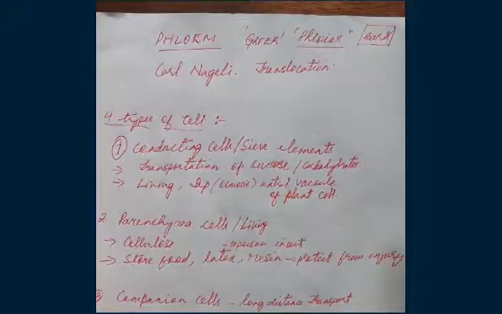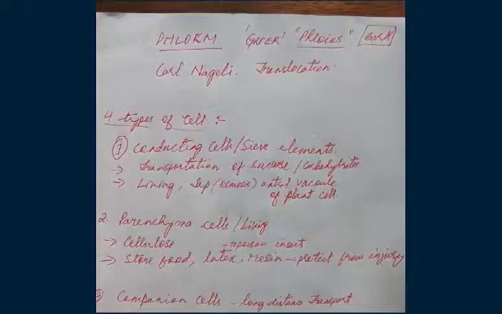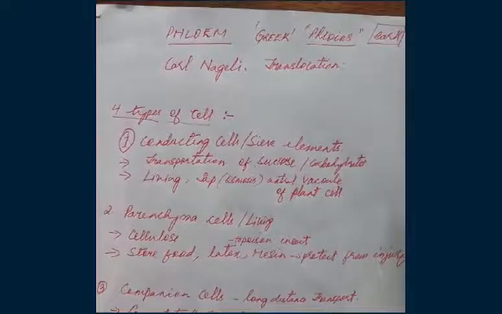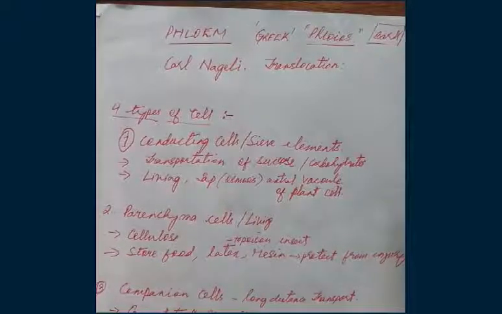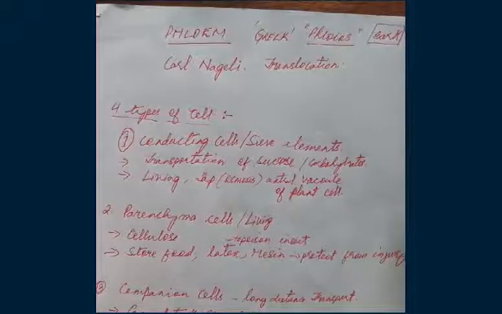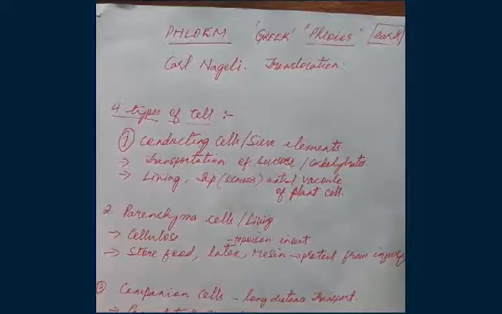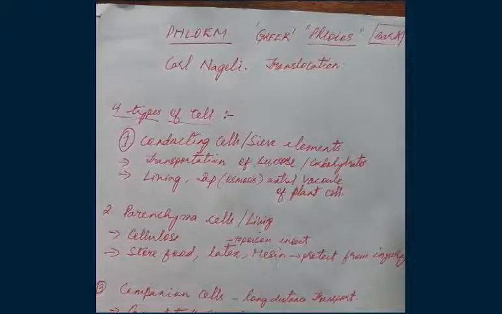These are also known as sink, S-I-N-K. So if they ask you what the sink of a plant is, you can name root tips, leaves, and fruits, because these are the main places where transportation and absorption of food and water take place.